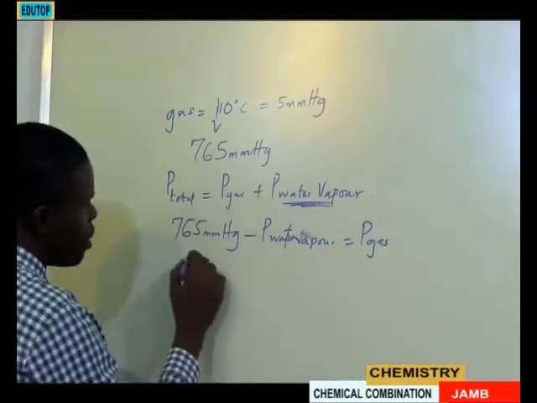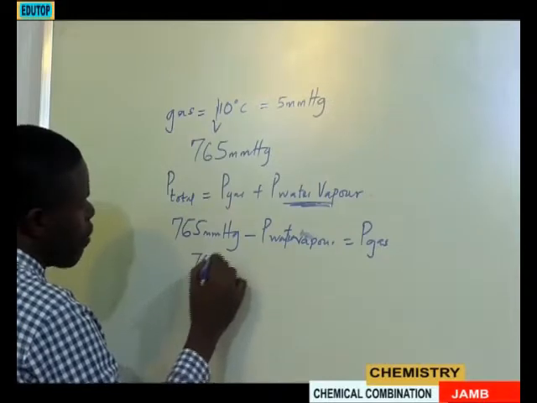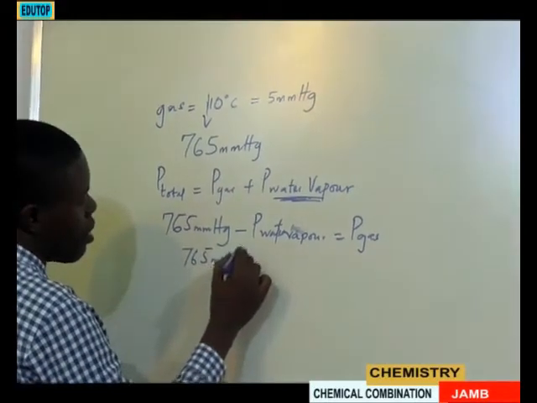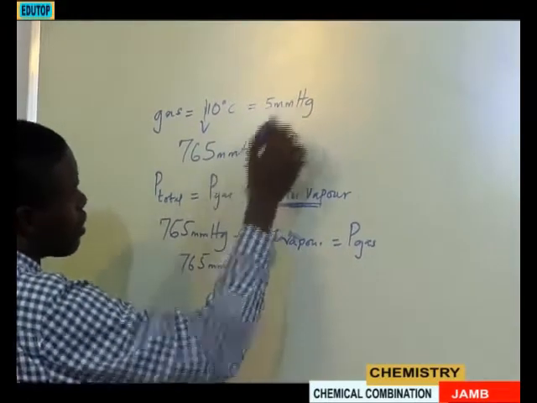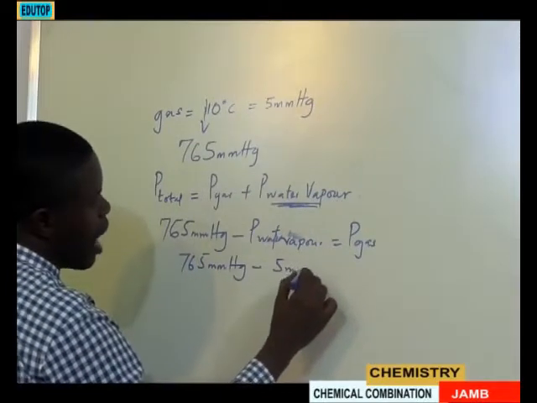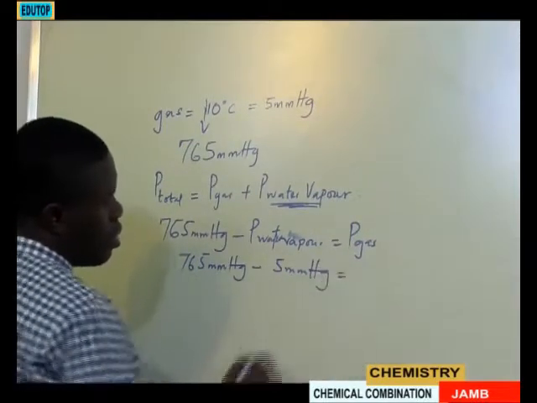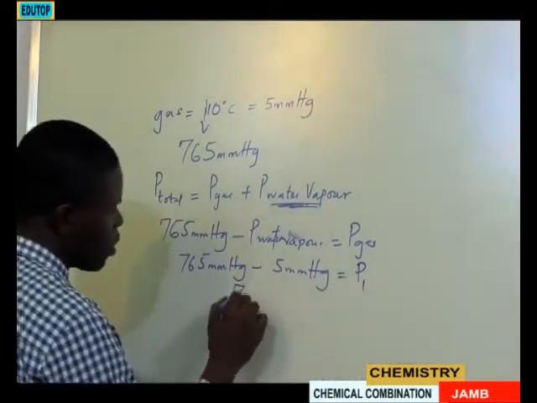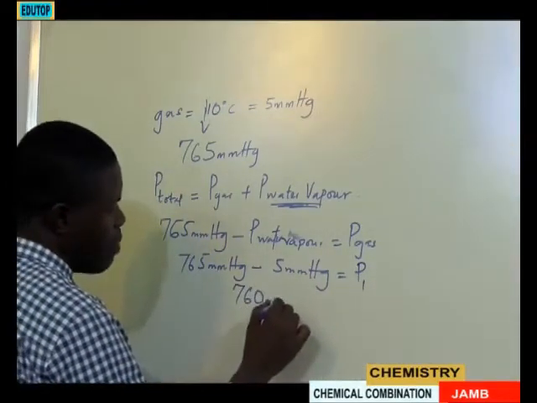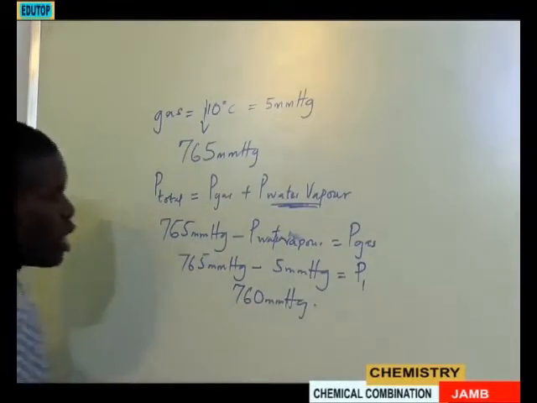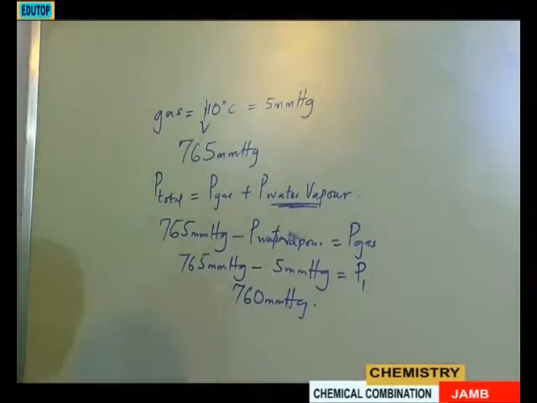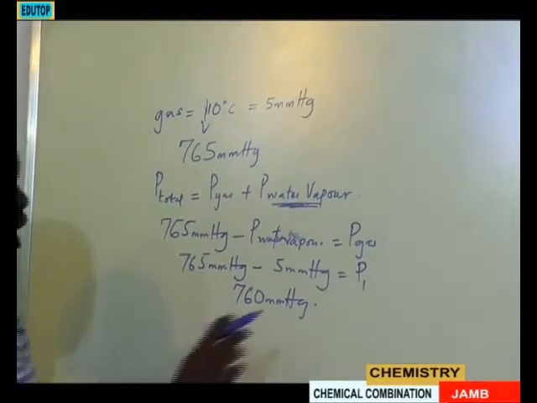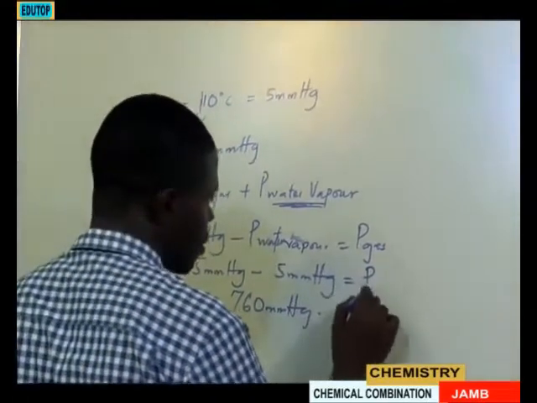So definitely it is 765 millimeter mercury minus the pressure of water vapor, which is 5 millimeter mercury, which will now be the pressure of the gas, P1. So it will definitely be 760 millimeter mercury.